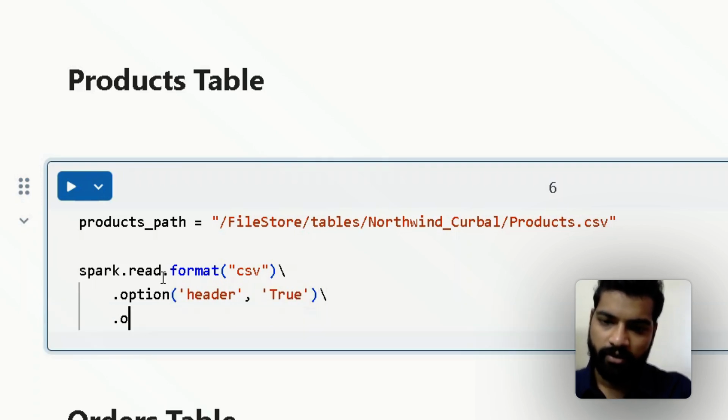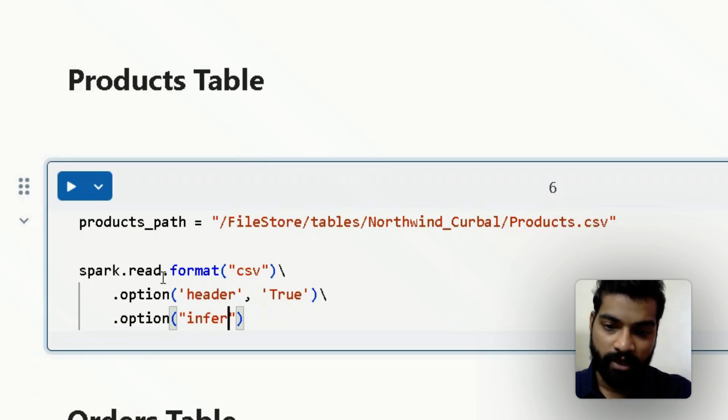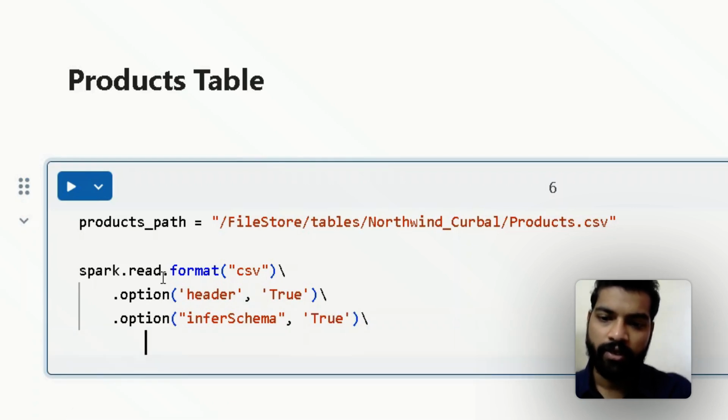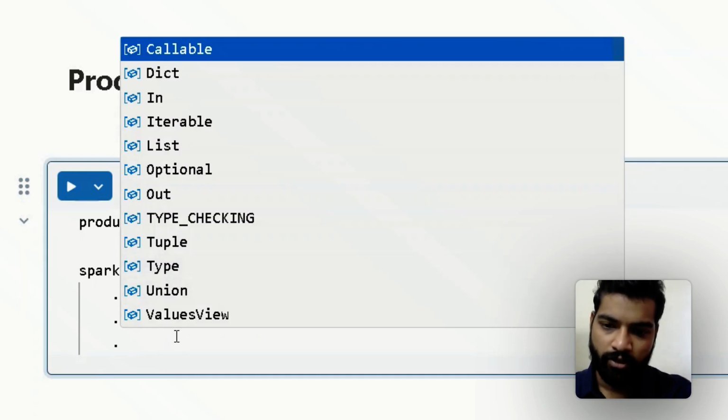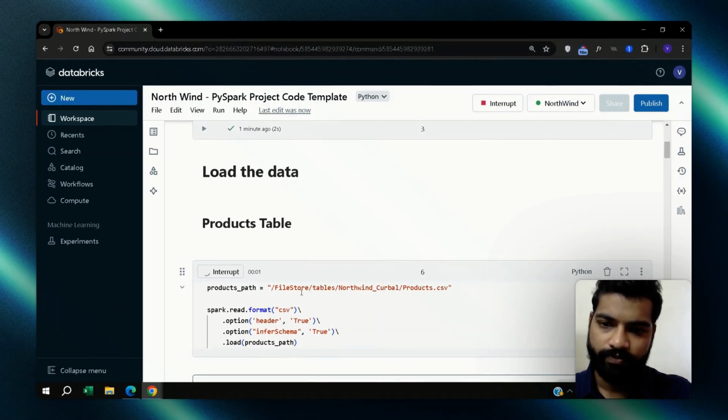and then option. Let's also infer the schema rather than manually providing a schema from our side. True. Then let's read it. Load products path. Let's run it. We got the data.